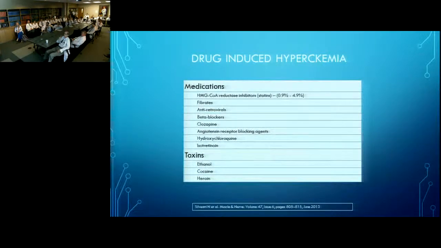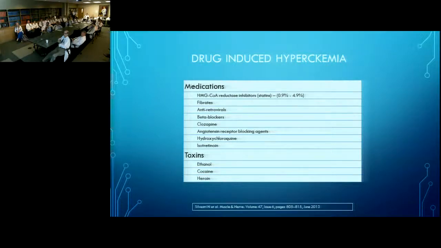The estimated incidence of myopathies in patients taking statin medications ranges from 1 to 5%, but this could be a higher incidence, because most of the time, what is reported in the clinical trial is a CK level elevation of more than 10 times. So potentially, this incidence is much higher.